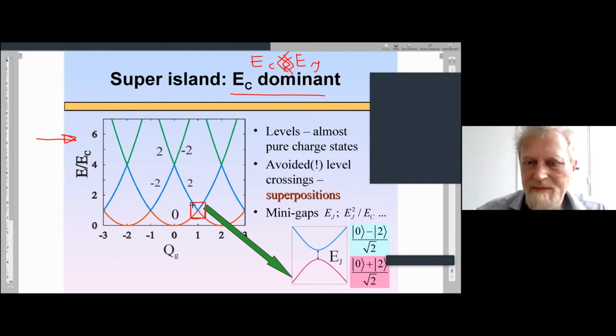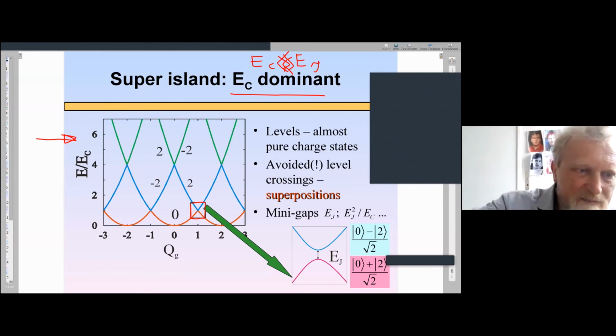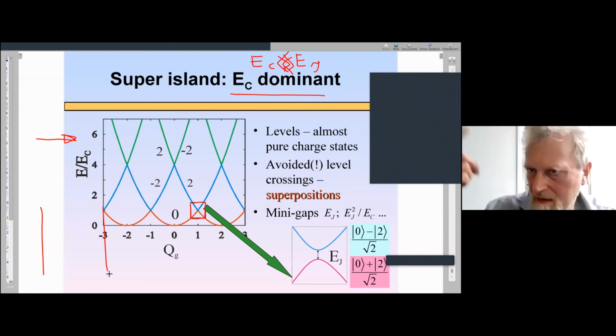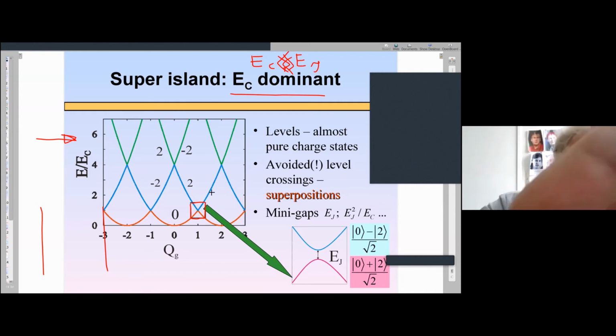So let me perhaps sketch some simple Hamiltonian. We take only two states, blue and red. Near this point, we have the energies of the states.